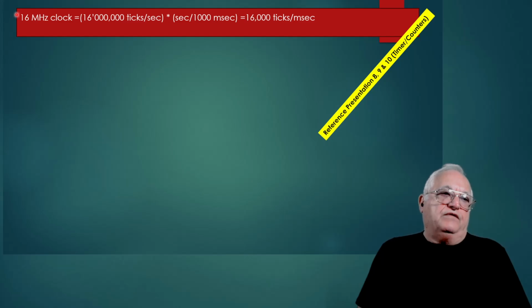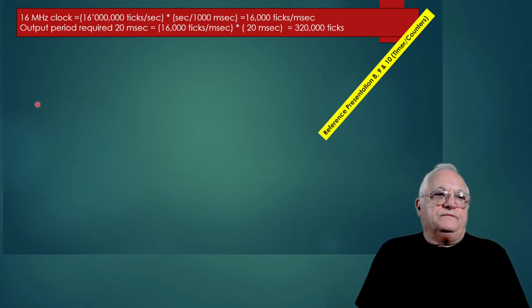So the first line of code says our clock is 16 megahertz. That means 16 million ticks per second. Now if I convert this to milliseconds, then our clock puts out 16,000 ticks per millisecond. Next, the output period that we require is 20 milliseconds.